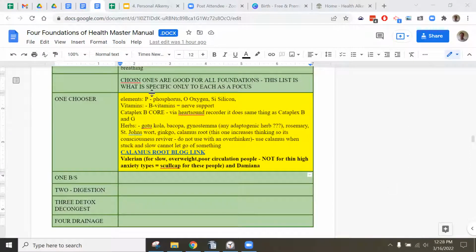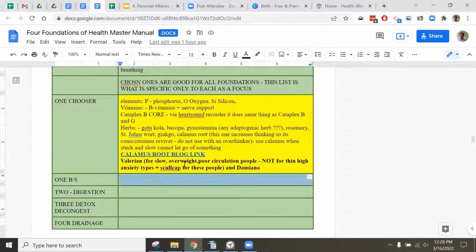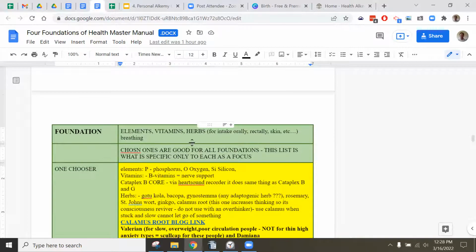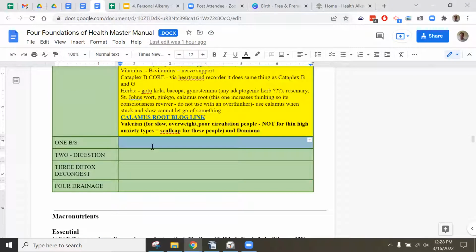Okay. So what do you think are some of the elements? We're looking at the elements associated with each foundation. So blood sugar, what's one of the main minerals associated with proper blood sugar? It's the total cliche. What's that one mineral everyone associates with blood sugar? I want to go with magnesium because of it being so basic to it.